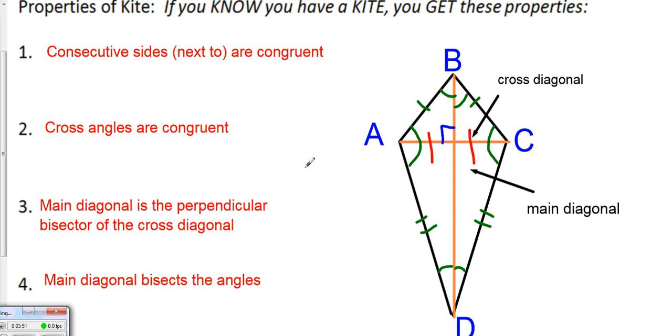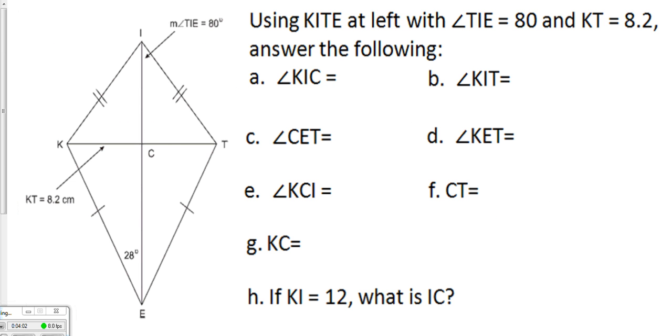So this is all of the information we know from a kite. Again, cross diagonal, main diagonal. Very important to distinguish between those two. So given that information, if we start with this kite, K-I-T-E, and we know that it's a kite, if angle TIE, this angle right here, is 80 degrees, and from K to T, the cross diagonal, is 8.2 centimeters, we need to answer the following.